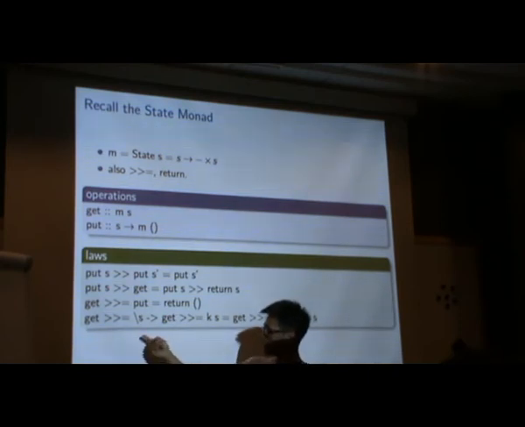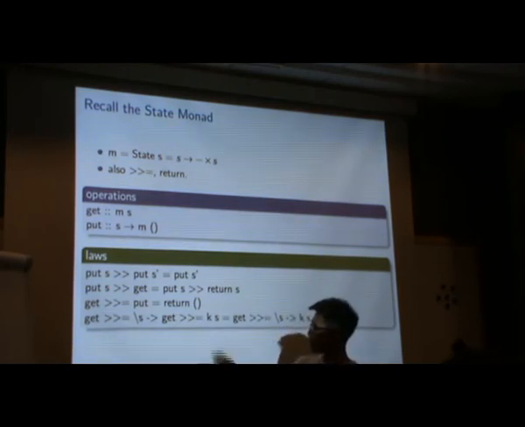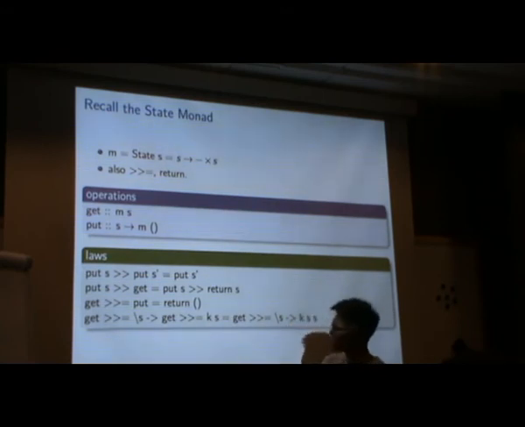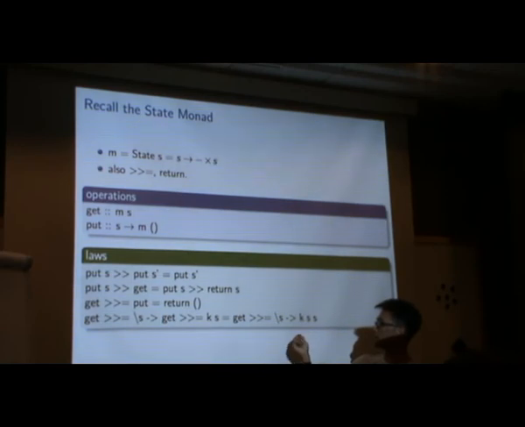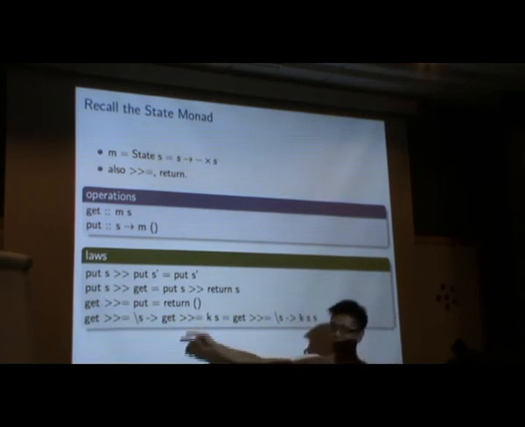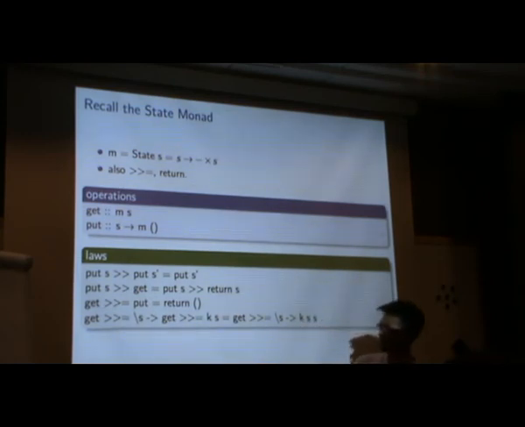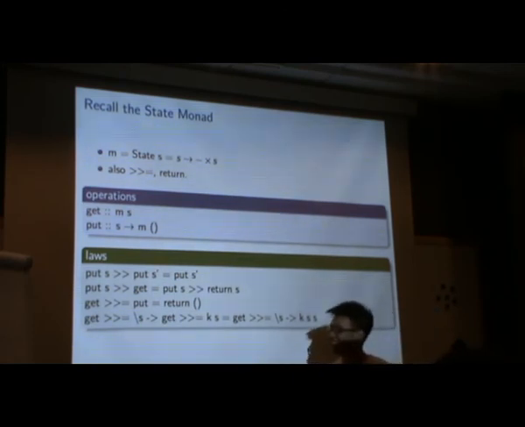And if we look up the state and then follow it up immediately with another lookup, followed by some computation k, that's the same as just a single lookup and running this computation with the first lookup, because the second lookup would have been the same. I think one of my referees said one of these laws is redundant. That's perhaps the case. I don't know, but I've chosen to present them this way, and this is how it's usually presented, at least to Haskell programmers.